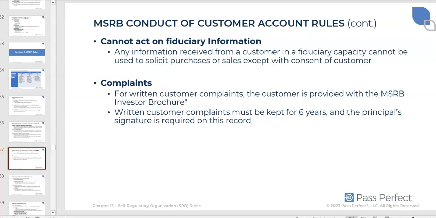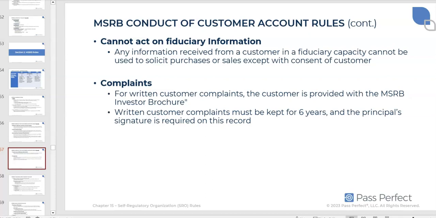Now, a customer complaint must always be in writing. Calling you up and chewing you out, and look, I worked in the call center for 8.5 years, I've got plenty of calls where I got chewed out, but that is not a complaint according to regulators. Regulators say it must be in writing, although email counts.